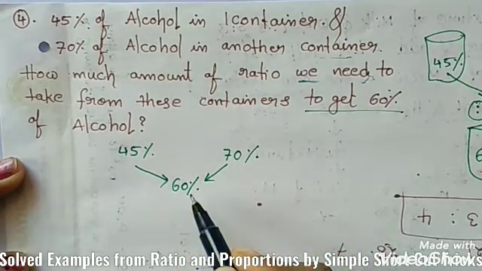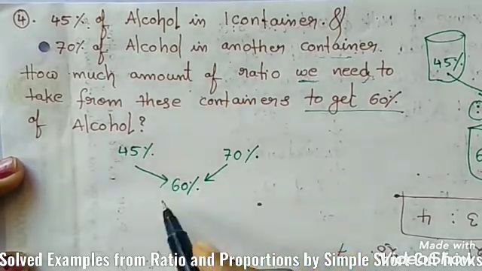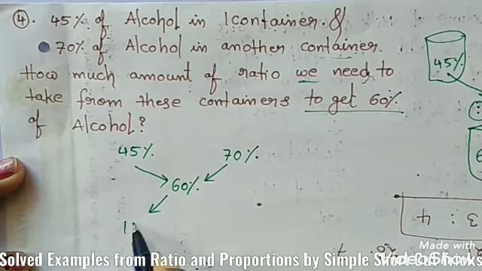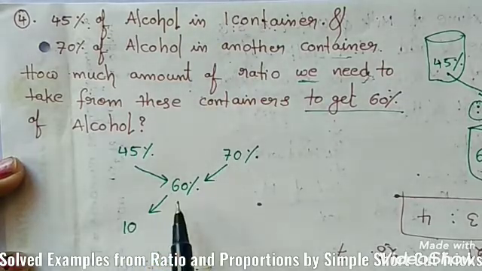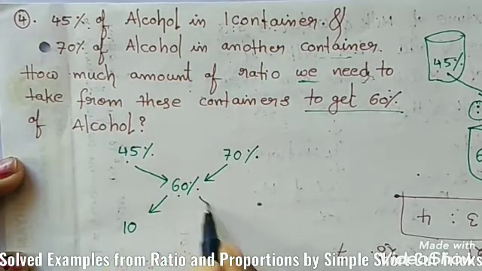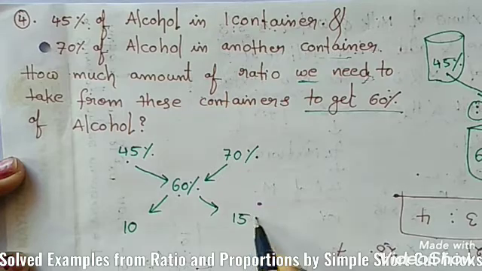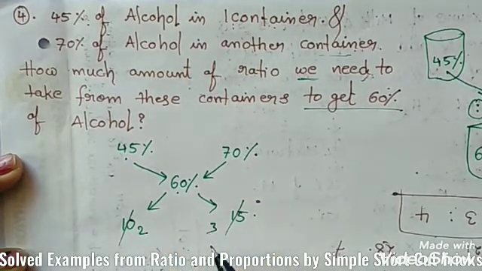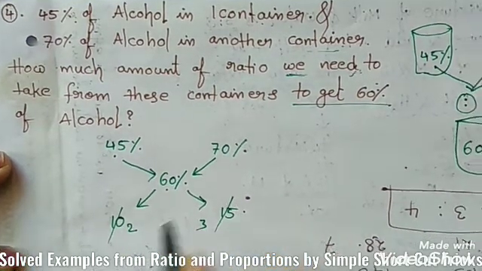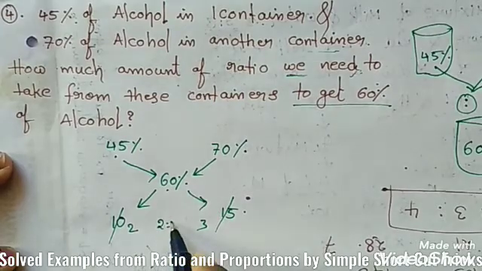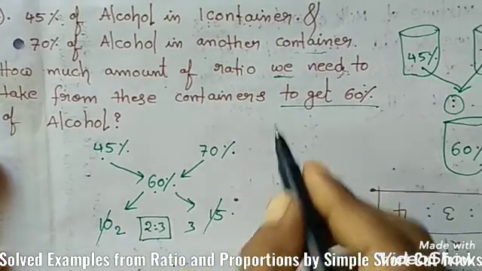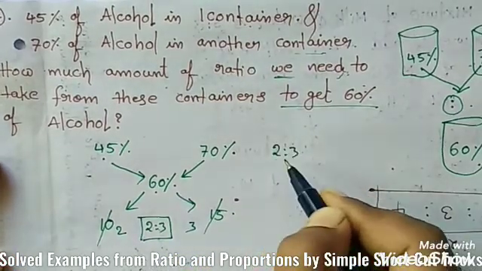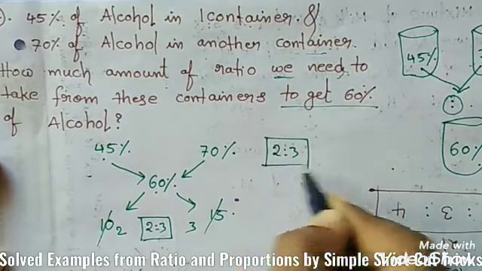Now if you subtract 70 minus 60, you should get 10. Here 60 minus 45, 15. Now simply in these, 2 times, in these 3 times, the 5 table. So 2:3. This is the ratio. The simple technique you have to follow here, 2:3.